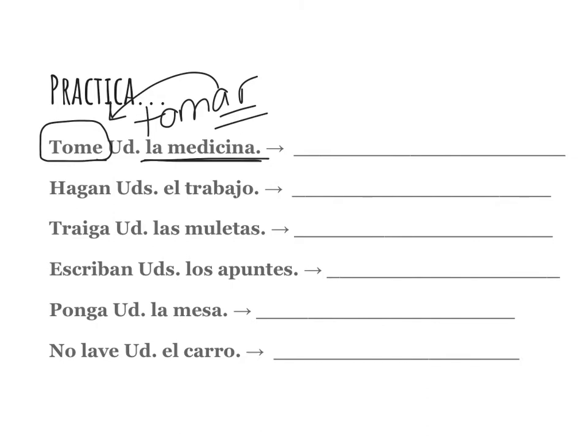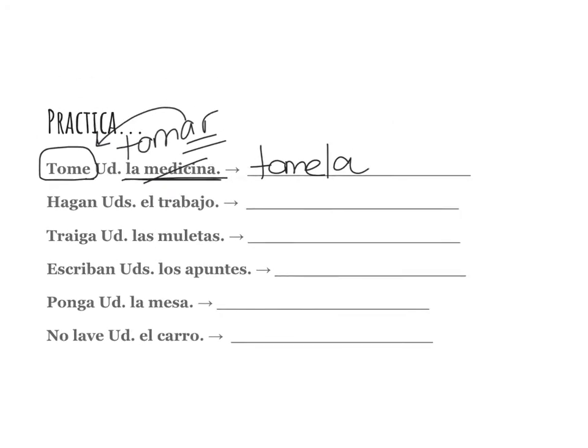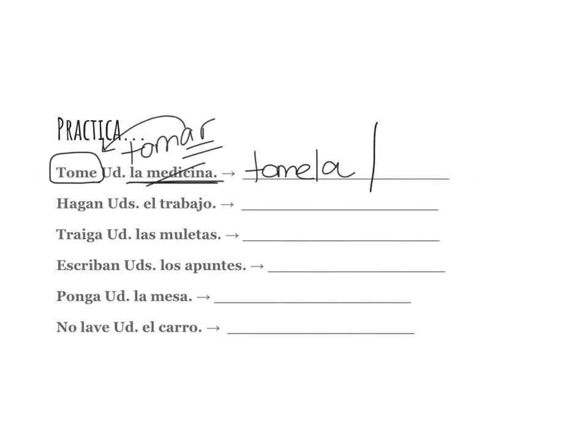So instead of saying take the medicine, I want you to say take it. You would take the verb, tome, and just attach the la. How would you make it negative? No la tome. Okay, so that's important that you realize this is positive, and this is negative.